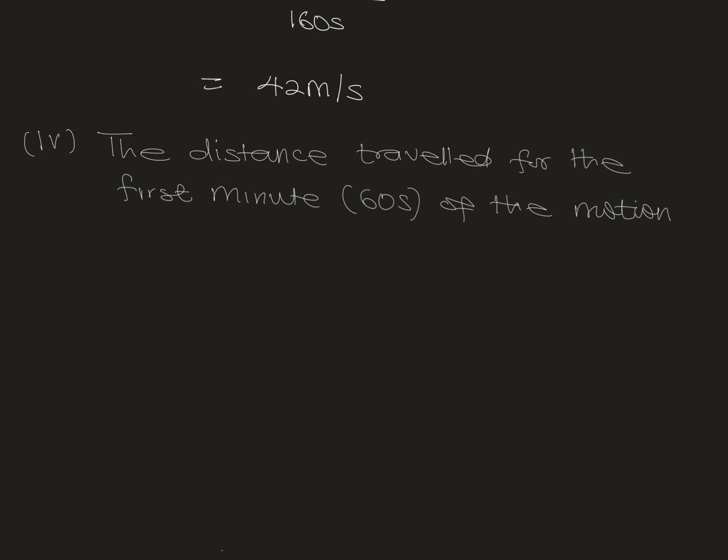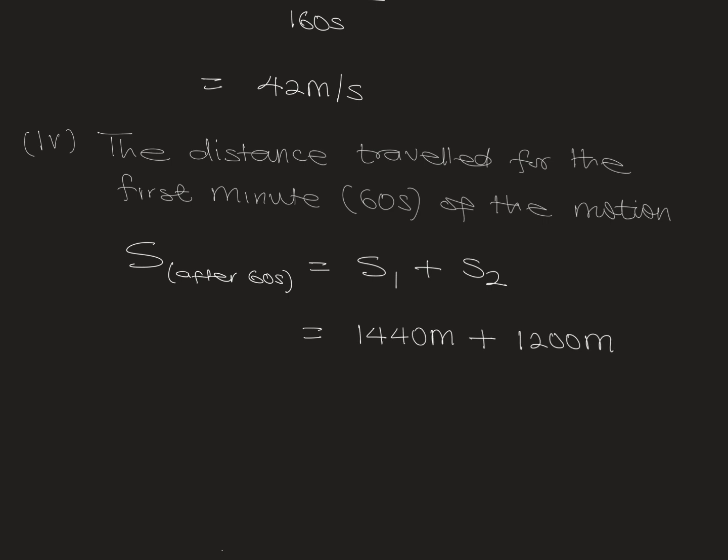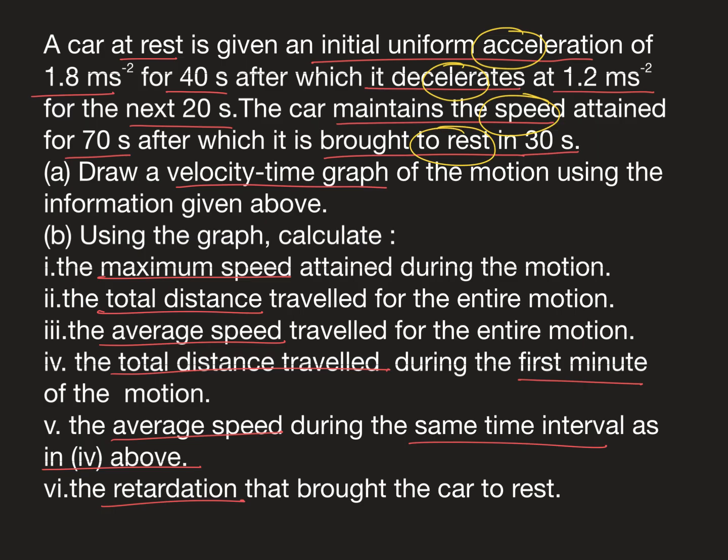So therefore we can say the distance traveled after 60 seconds is equal to S1 plus S2. S1 is 1440 meters plus S2 is 1200 meters. If you do that calculation, you get 2,640 meters.